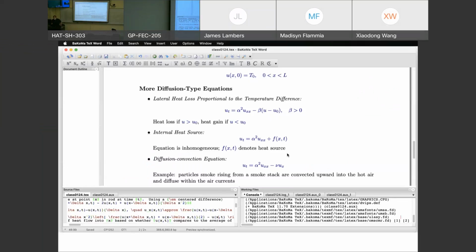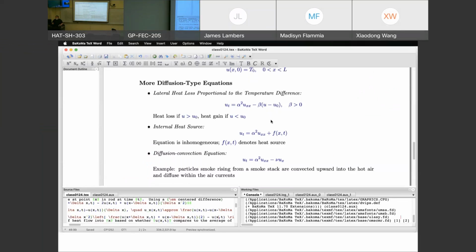Okay. So the previous example, the rod is insulated, so there's no heat flow out the sides. Here, this PDE allows for heat flow out the sides, lateral heat loss, and we assume it's proportional to the temperature difference compared to some specified temperature u naught.